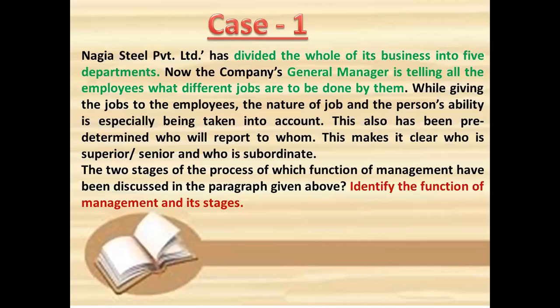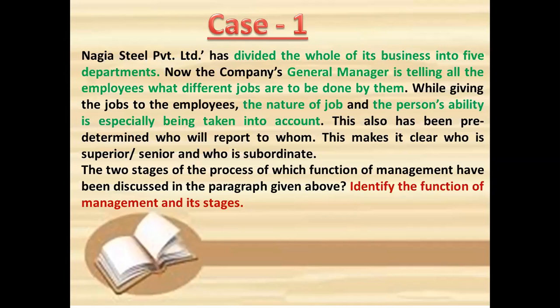So dear student, which function talks about identifying the work and dividing, grouping them into similar kinds of groups? Yes, you are very close to the answer. And other lines which are key in this paragraph: while giving the job to the employees, the nature of the job and personal ability is specially being taken into account.